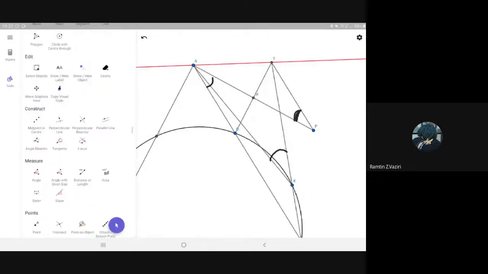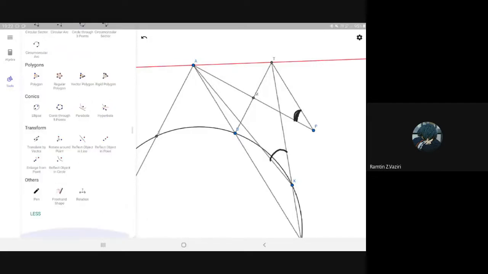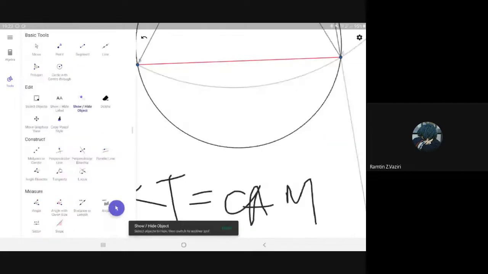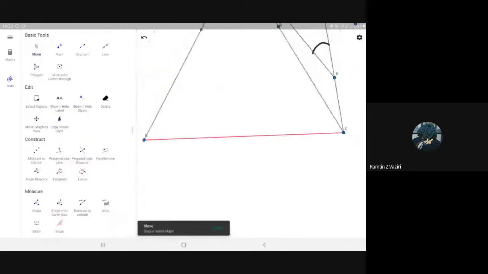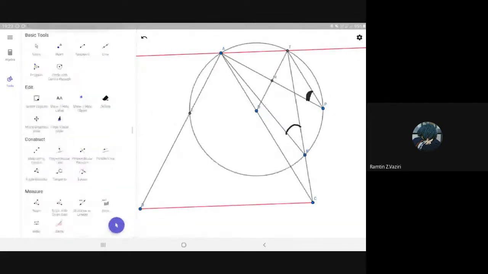So now you need to prove that these two angles are equal. In other words, this translates to proving that A, T, P and K are cyclic, right?